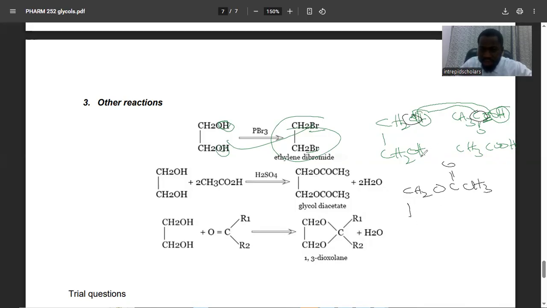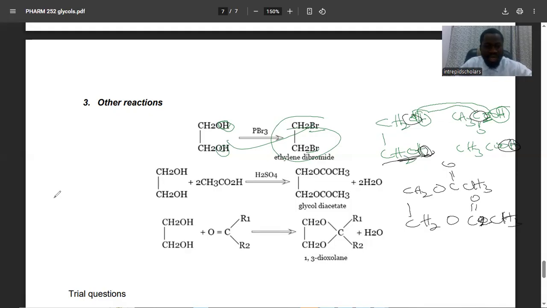So now the same thing will happen. The H will move away from here. The OH will move away from there. So if I'm writing it, it will be CH2O, right? From here, the H is no more there. Then I have to turn it. So I'll have COCH3. Now I can still make this O because the O in front of this one is double bond O. So I can write it there and then remove this one, just as I did.